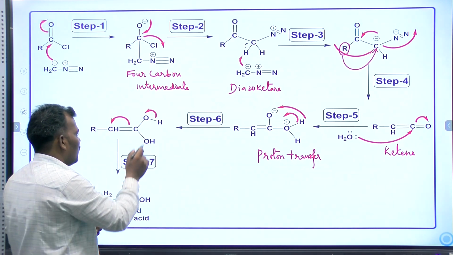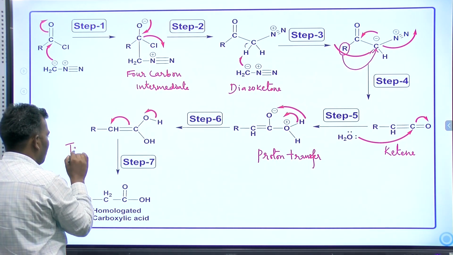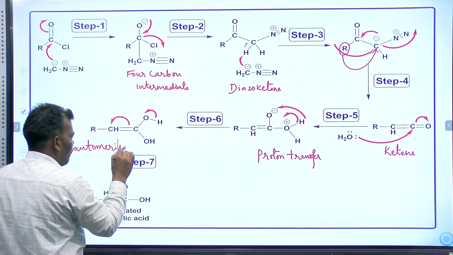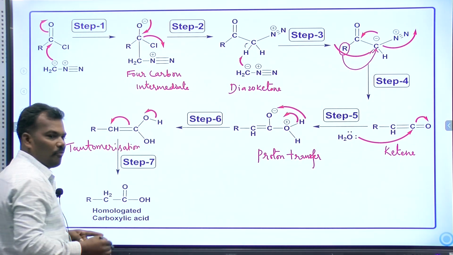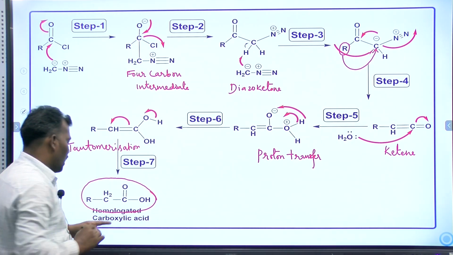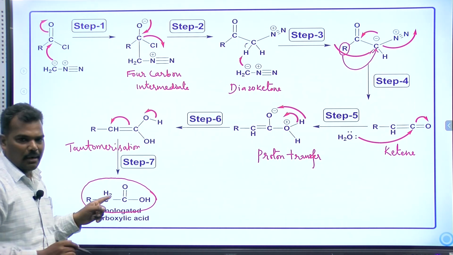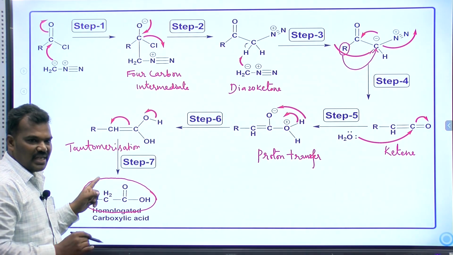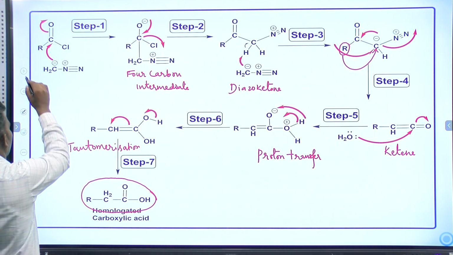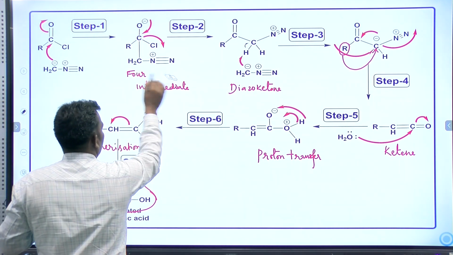That is why proton transfer takes place, that means tautomerization takes place, which leads to the formation of the homologated carboxylic acid. In this product, 1 carbon is homologated. The chain length is increased by 1 carbon. So this is the mechanism of the Arndt-Eistert synthesis.